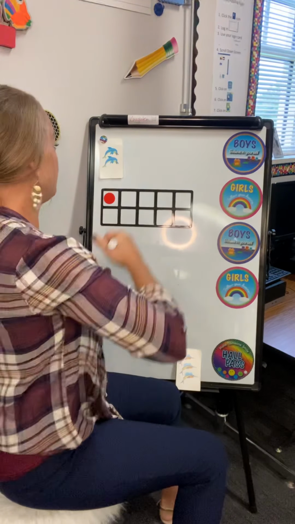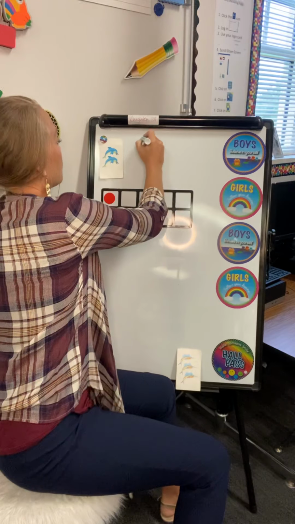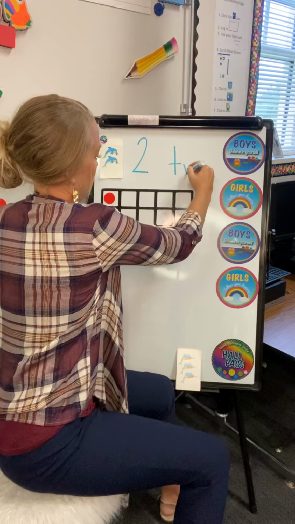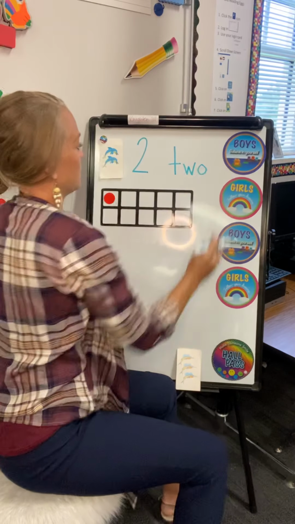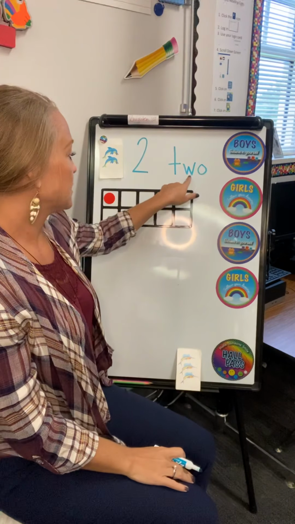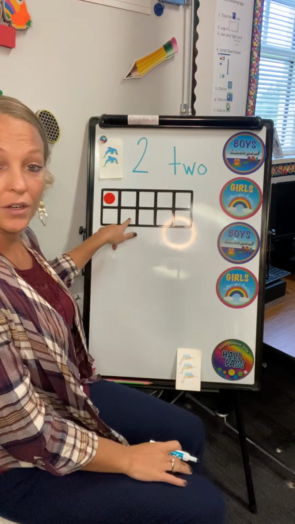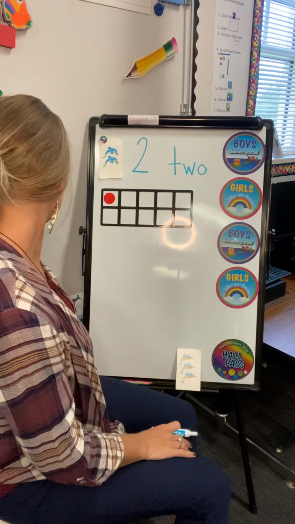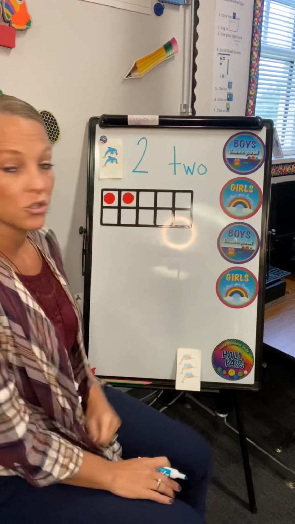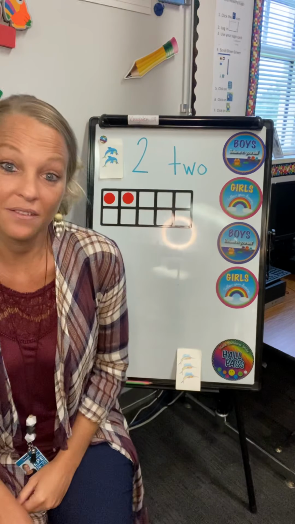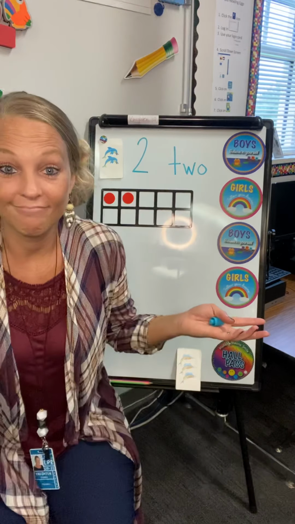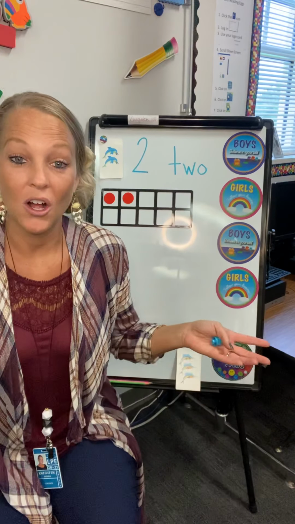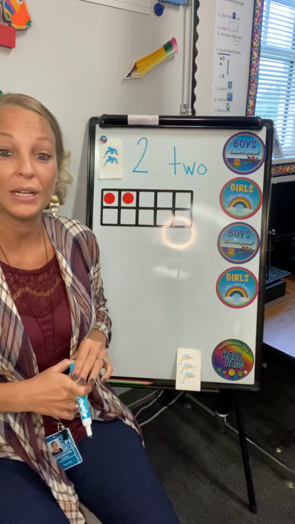And you can also write the number or the word, and it's spelled T-W-O. And if you're drawing a 10 frame, then all you need is 2 dots inside of your 10 frame. And that's it. You're done with the number 2. You can do this all on a piece of paper, your choice.